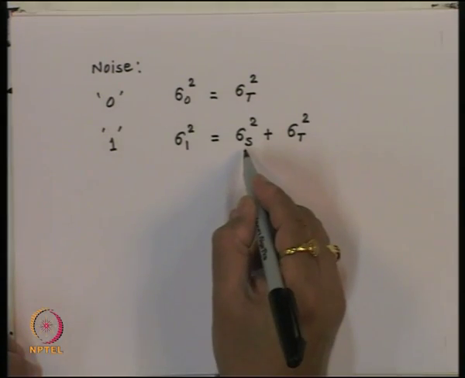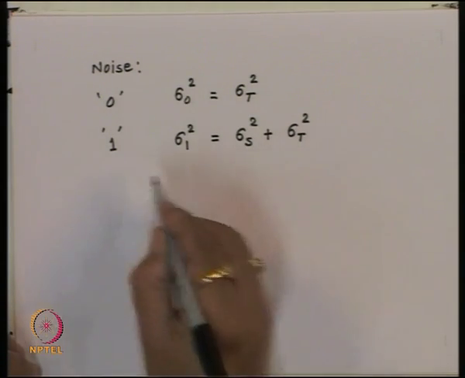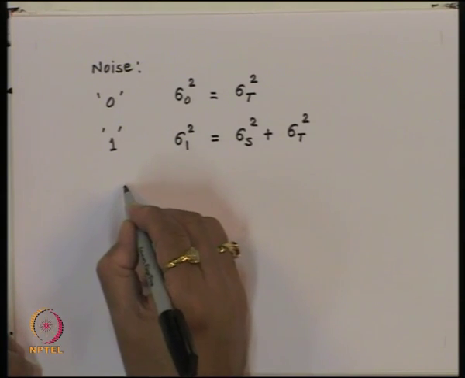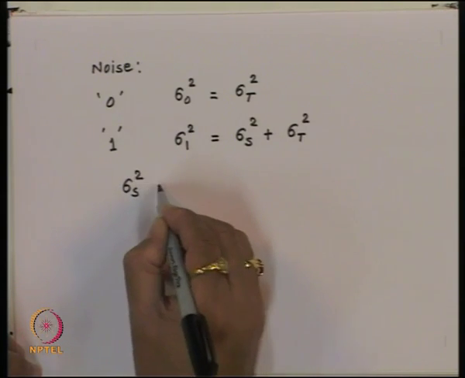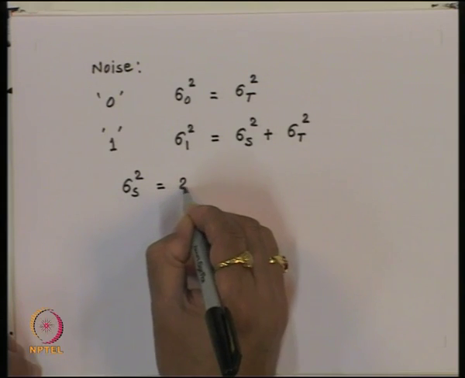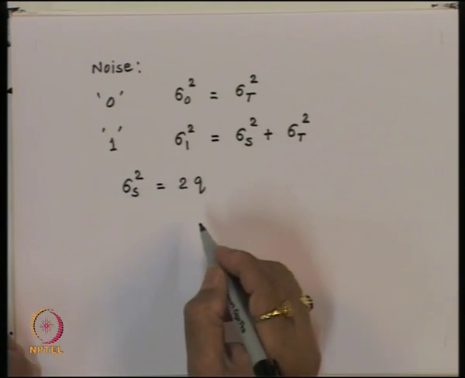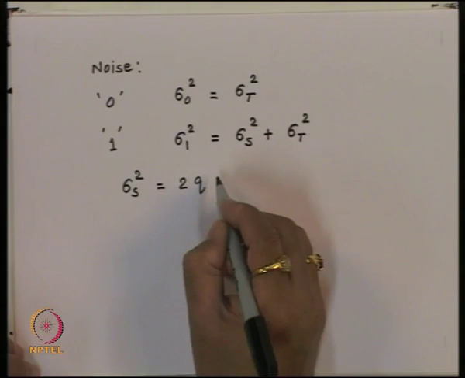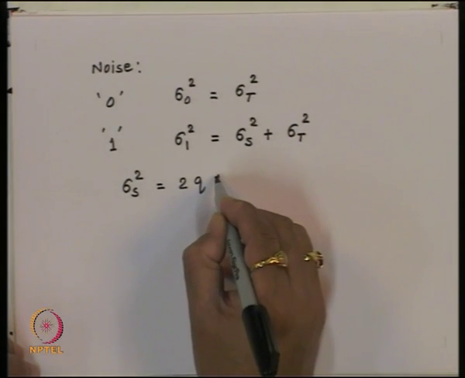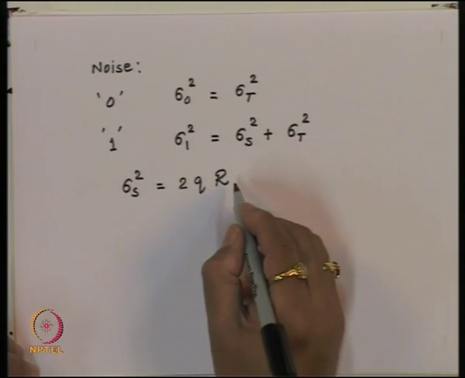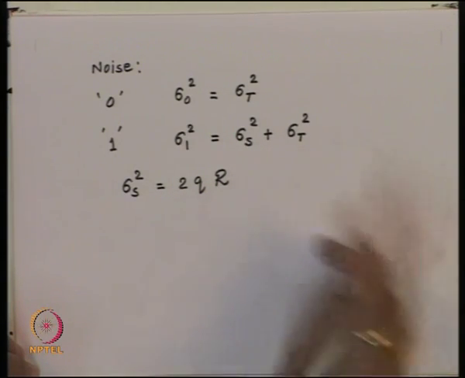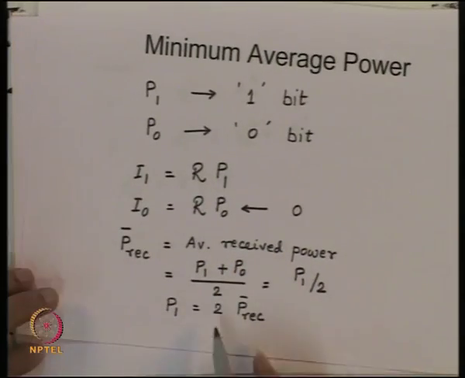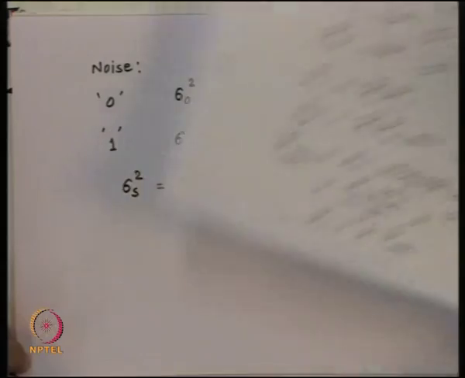And we have seen that this quantity sigma s square is given by 2 times q, where q is the carrier charge, into responsivity into P1, but we have seen that P1 now is 2 times the average received power.